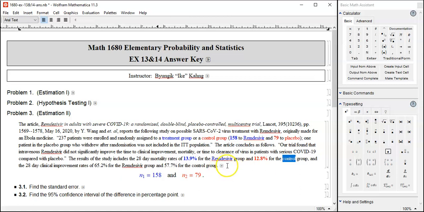So what we have is that the mortality rate is higher for the people who received medicine versus those who received placebo, which contains nothing but just salt water. So as far as statistical analysis is concerned, this part is totally unnecessary.